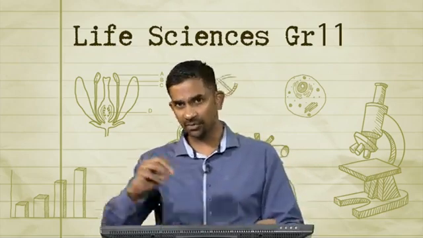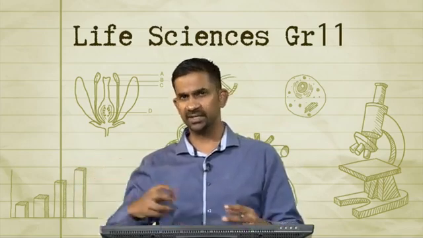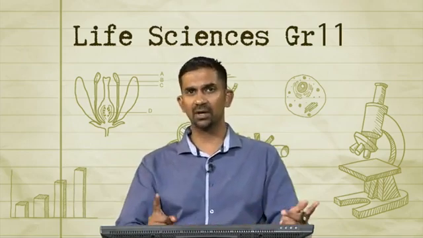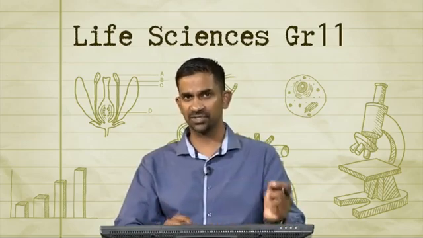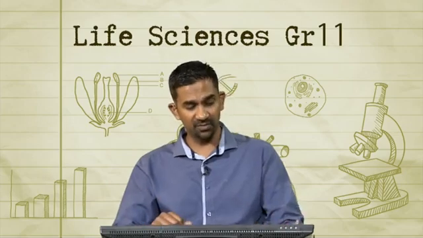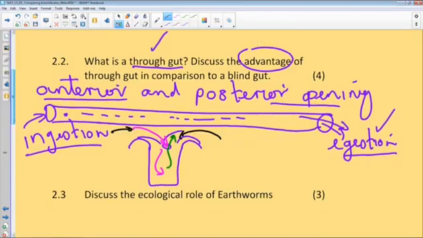The food undergoes digestion, and then goes through an opening at the end, so digestion can occur constantly without having to interrupt the process of ingesting food. Quite a nice question for 4 marks. Let's move on to the next question, folks.